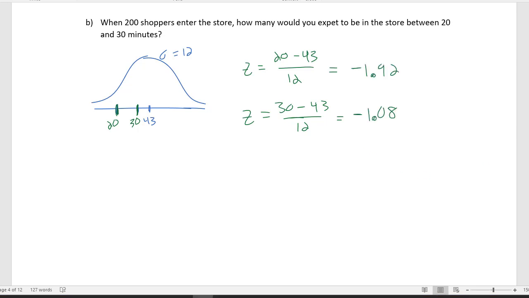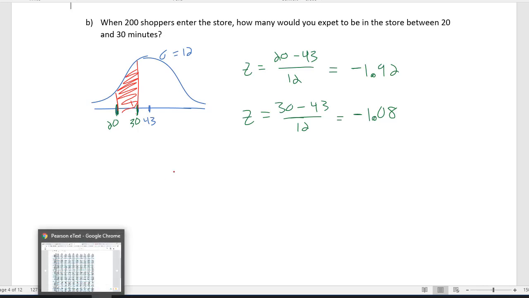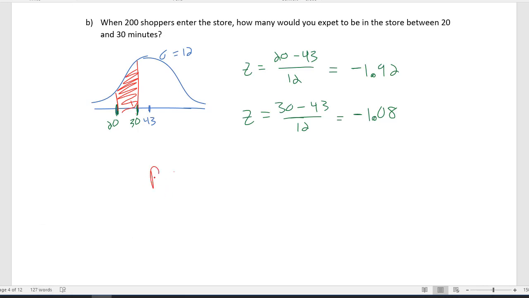All right, I paused the video real quick and found those z-scores. So in red, I'm finding the area between those two z-scores. Just like we talked about on the prior example, I'm finding the probability that my random variable, my wait time, is between 20 and 30 minutes. That's equivalent to finding the probability that my z-score is between negative 1.92 and negative 1.08.